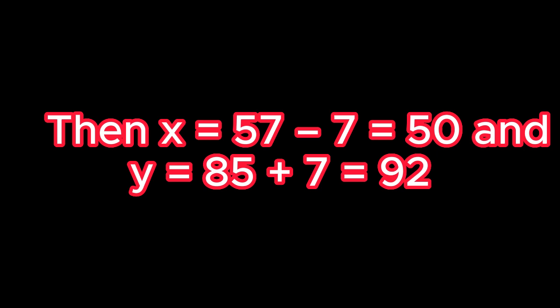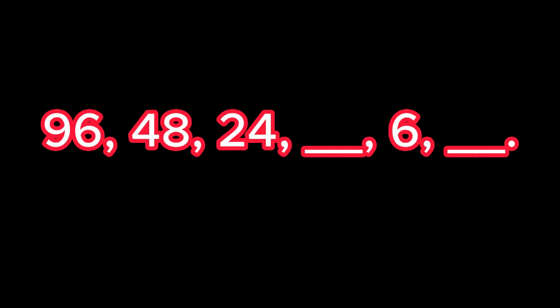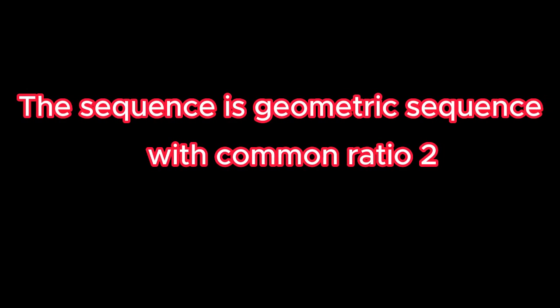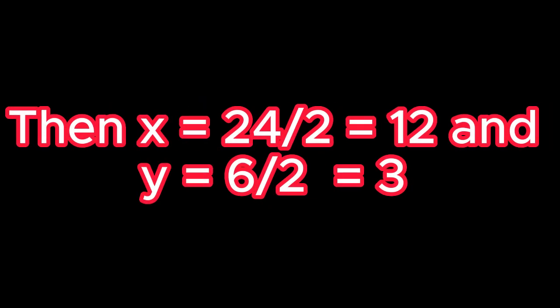Then x equals 57 minus 7 equals 50 and y equals 85 plus 7 equals 92. 4. Find the missing value for the geometric pattern: 96, 48, 24, _, 6, _. Solution. The sequence is a geometric sequence with a common ratio of 2. Let the missing terms be x and y respectively. Then x equals 24 over 2 equals 12 and y equals 6 over 2 equals 3.